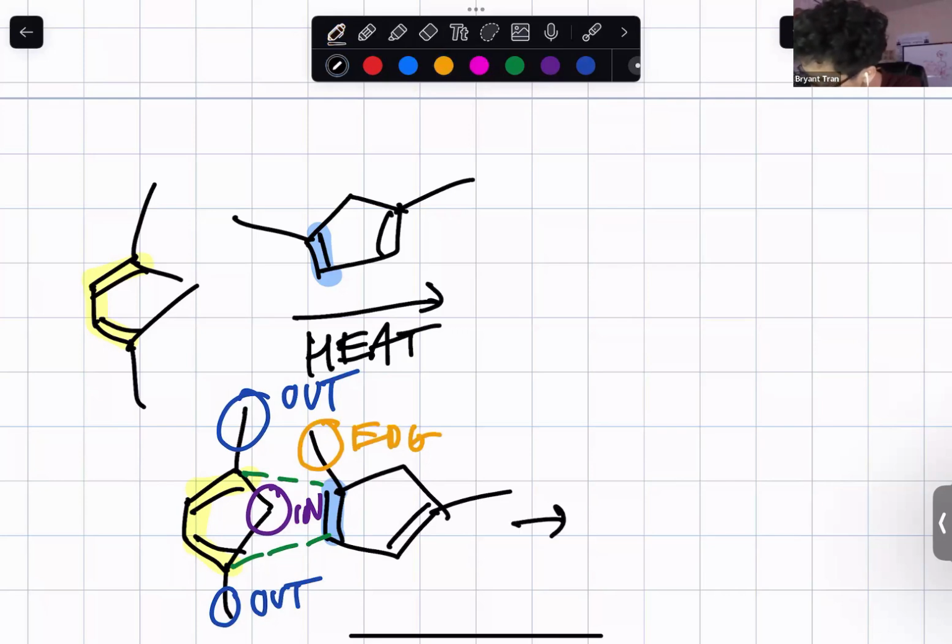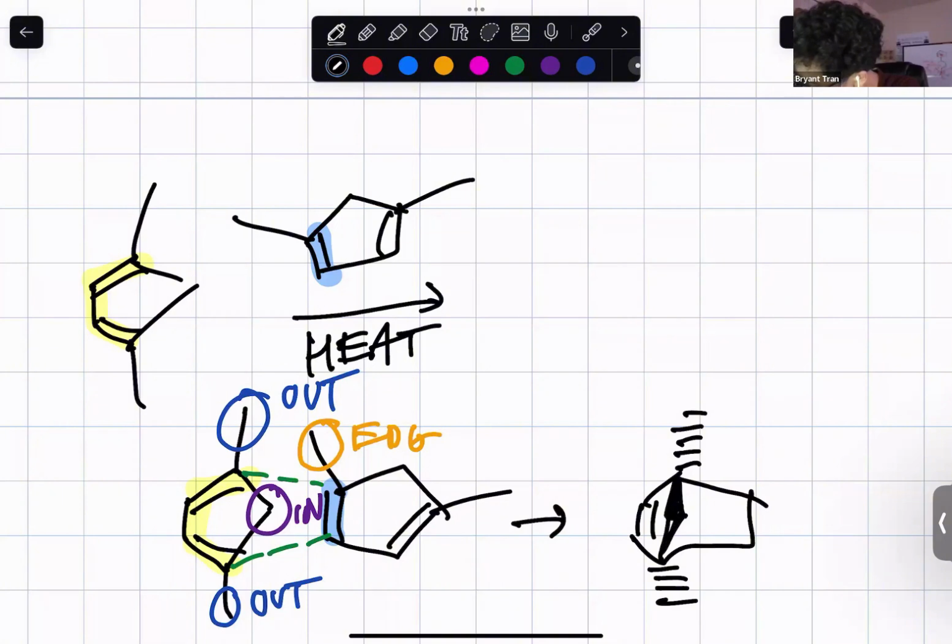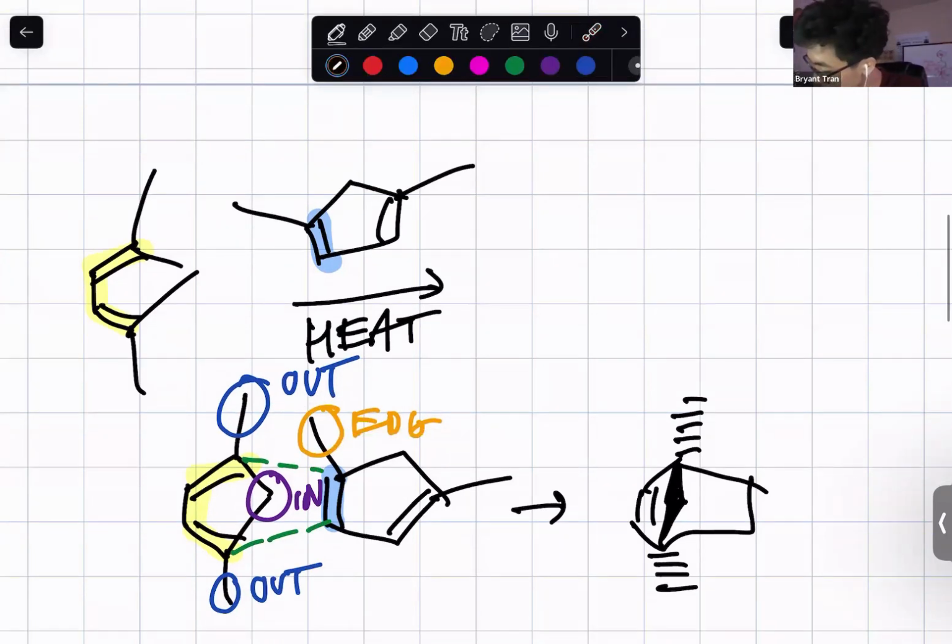So when we draw out the product, right, this is going to be dash, dash, this is going to be wedge, wedge. And now for this one right here, because this is not an EWG, this is an EDG, it does not follow the endo rule, right? You can say it kind of does, because the endo rule states that the outgroup is cis to the EWG. And because this is not an EWG, we're going to make that trans like that.